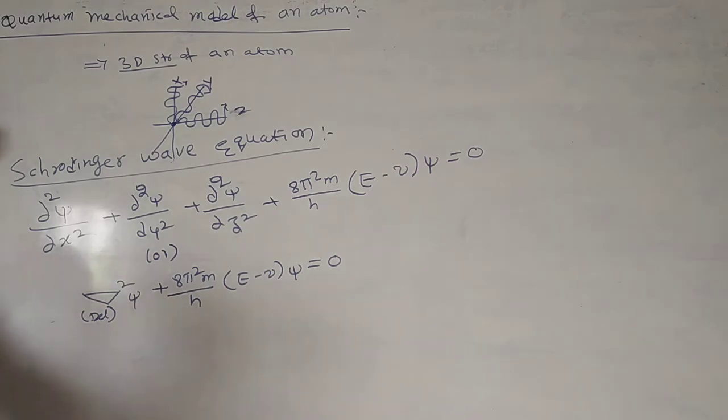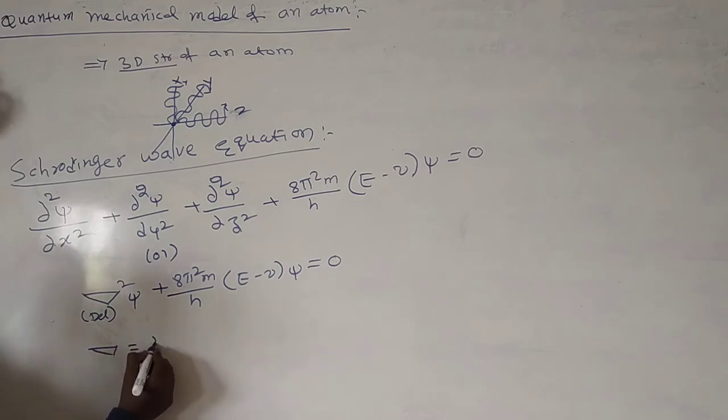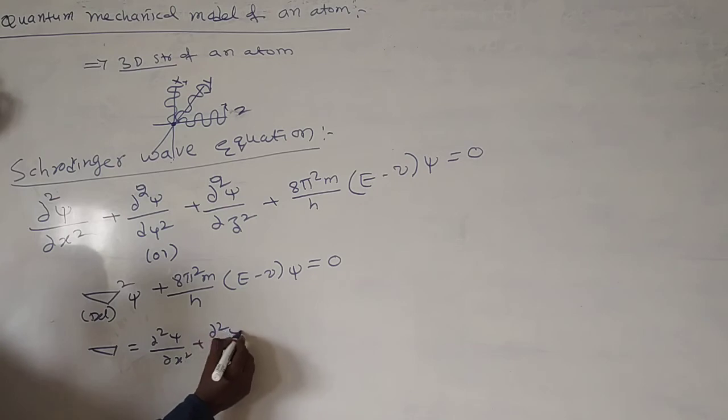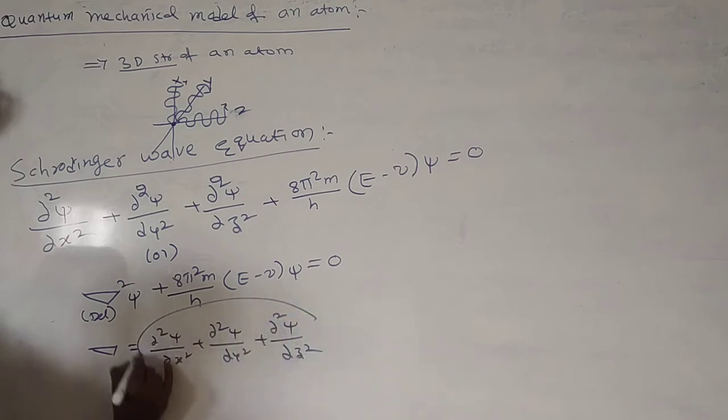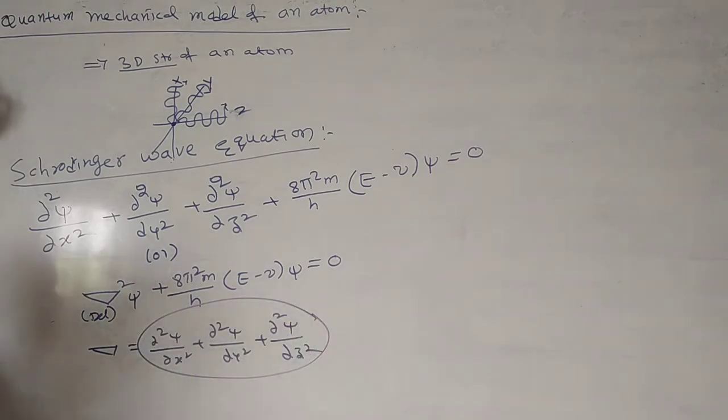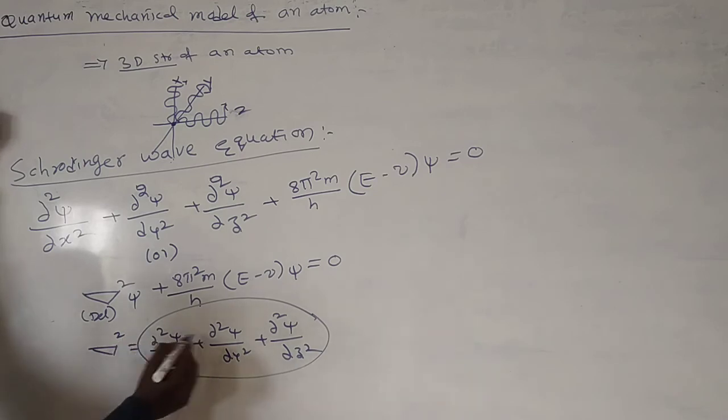This is also an important equation, the same equation. Here del square is dou square by dou x square plus dou square by dou y square plus dou square by dou z square.